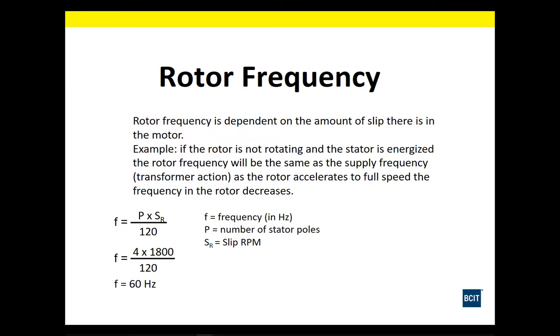Now the slip RPM is the difference between the rotating stator synchronous speed and the rotor speed. So with the rotor stationary, the 4-pole motor synchronous speed is 1800 RPM, so the difference is 1800 RPM. So we go 4 times 1800 divided by 120, which gives us 60 hertz.